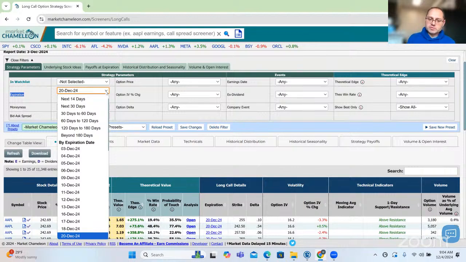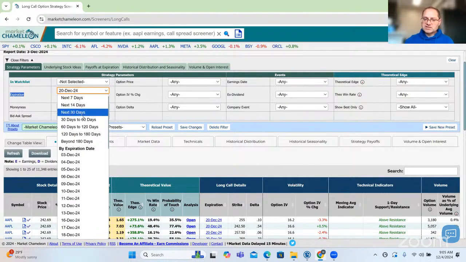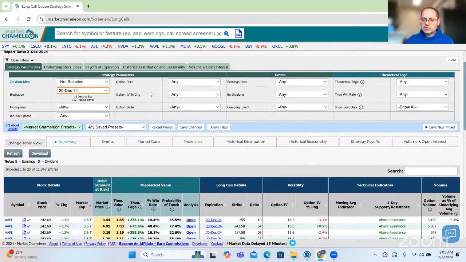You could select a specific expiration, or you could assign it a range of days you want to cover, and it will retrieve the expirations that fit into that range. So if you say next 14 days, next 7 days, next 30 days, you'll look for expirations that fall within that date range. Let's stay on December 20th for now in our example.